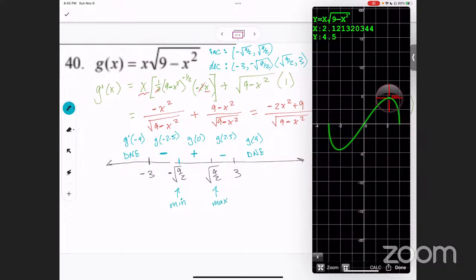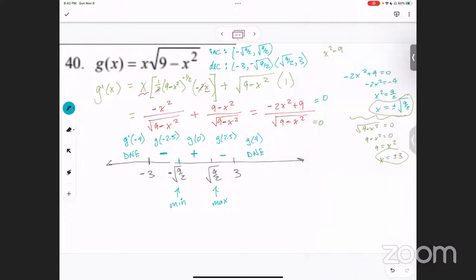Now they're also going to ask you in this problem to find where it's concave up and concave down. So to find concavity, the next step is I'm going to take the double derivative.